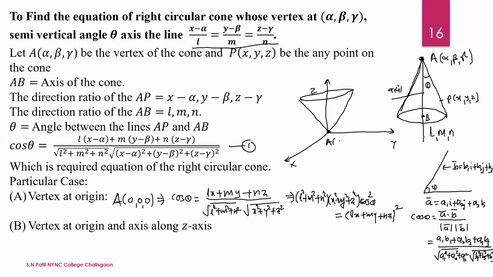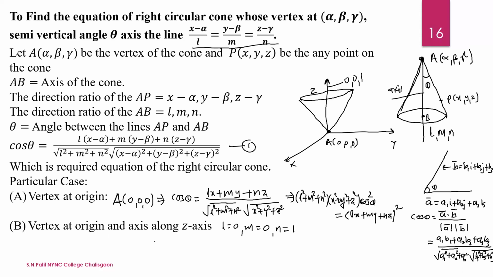This is the point (0, 0, 0), and the z-axis is the axis of the cone, so that the DRs become 0, 0, 1, meaning l is equal to 0, m is equal to 0, and n is equal to 1. We just substitute the values here, because we already calculated the equation of the right circular cone whose vertex is at the origin. We substitute l equal to 0, m equal to 0, and n equal to 1.